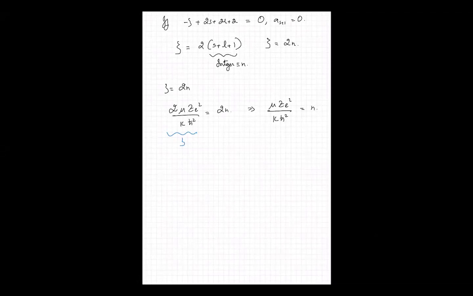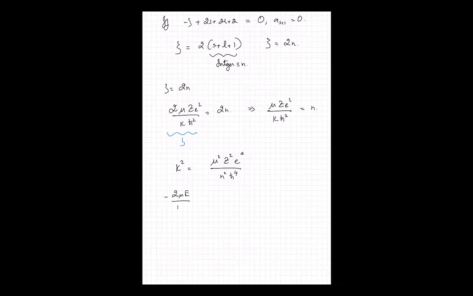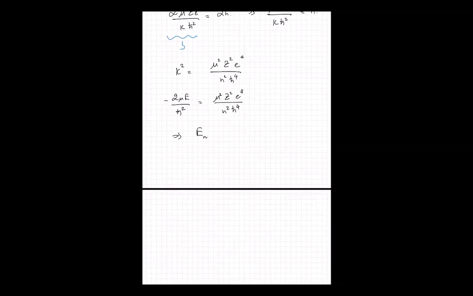So suppose I square this equation, what do I get? Kappa squared is mu squared Z squared e to the fourth divided by n squared h bar to the fourth, and I will substitute kappa squared equals minus 2 mu E over h bar squared. So minus 2 mu E over h bar squared equals mu squared Z squared e to the fourth over n squared h bar to the fourth, which tells me that your energies are quantized by some 1 over n squared times some fundamental number, and this fundamental number is mu Z squared e to the fourth divided by 2 h bar squared, right?